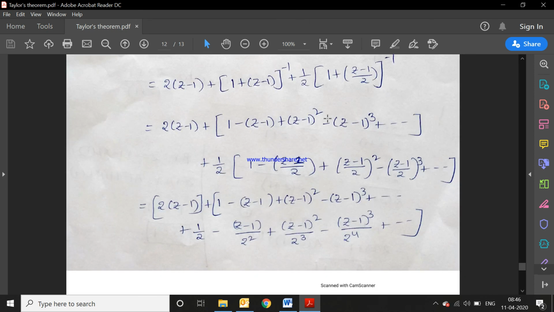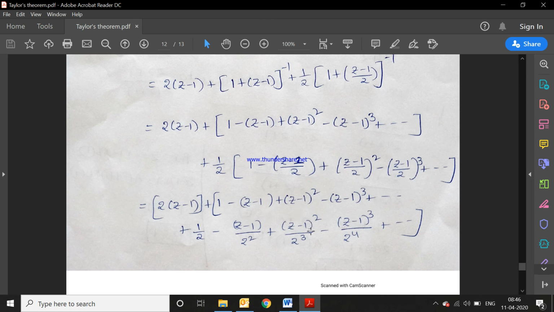In the second two terms, (z − 1)^2 terms are common and both are plus. So we get 1 + 1/2^3, sorry, 1 + 1/2^2 for... here (z − 1)^2, here also (z − 1)^2.